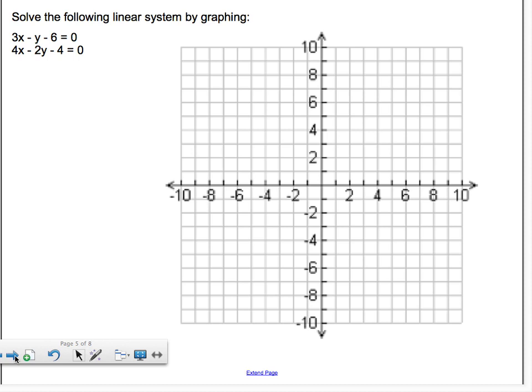We have to graph it on the same graph. So how else can you see where they intersect?